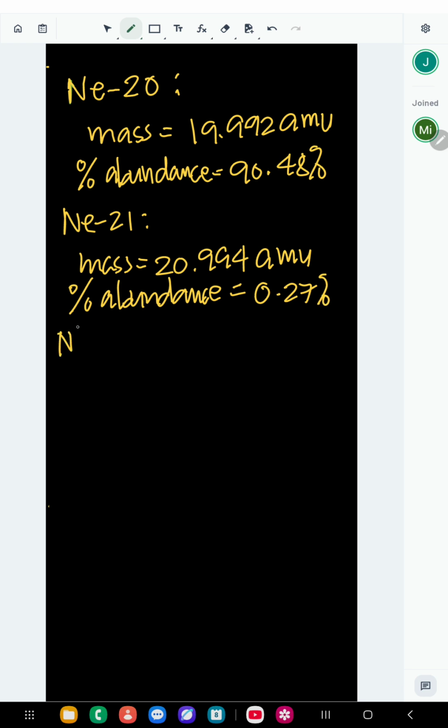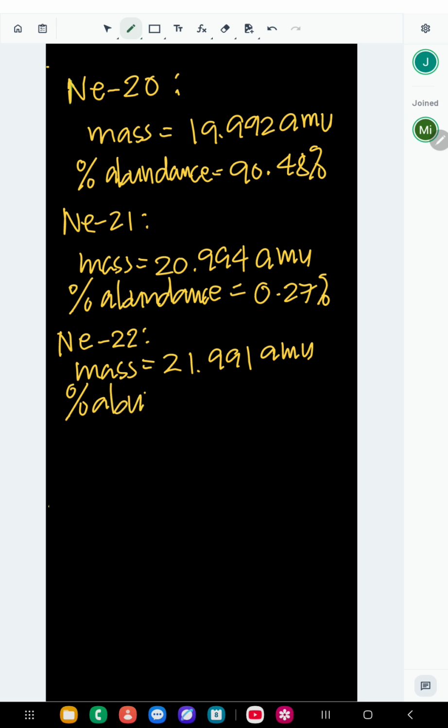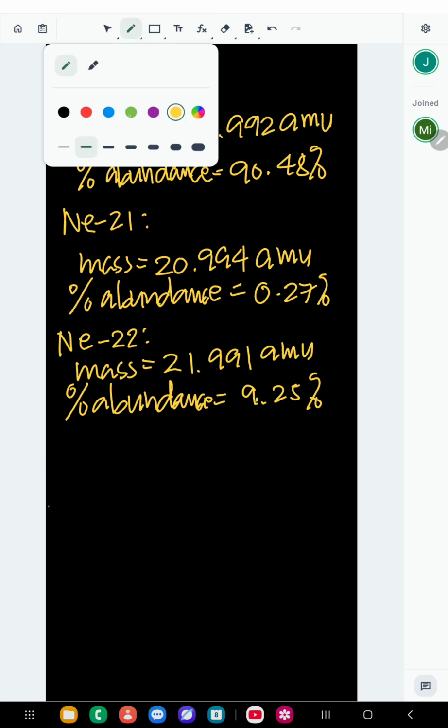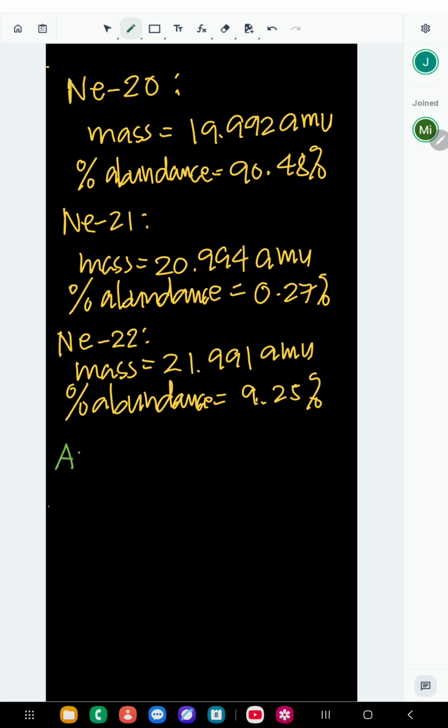And then the third isotope of neon has a mass of 21.991 atomic mass unit, and its percent abundance is equal to 9.25%. Now calculate the average atomic weight or atomic mass.